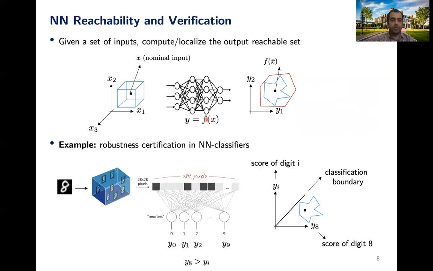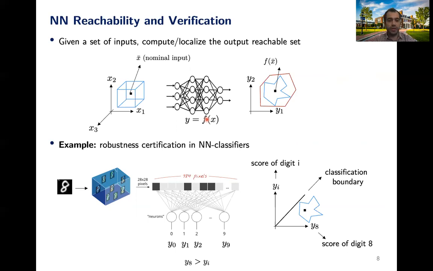For instance, in robustness certifications of neural networks, here we have an example about neural network classifiers. Suppose that we train a neural network to classify a given data set. For instance, here, the data set are handwritten digits.